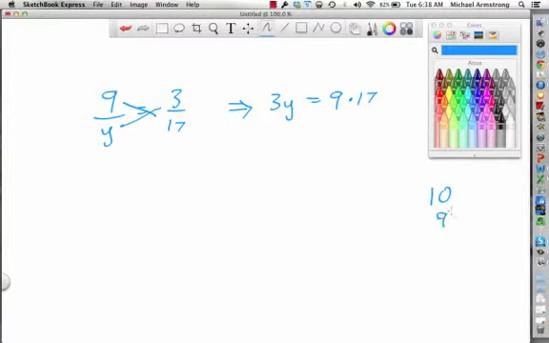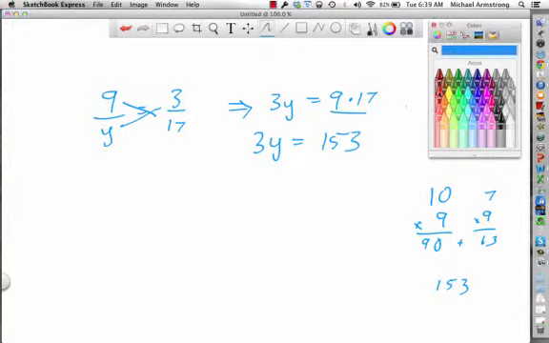Now 10 times 9 is 90, and 7 times 9 is 63, and if we put them together we get 153. So 3y is equal to 153.